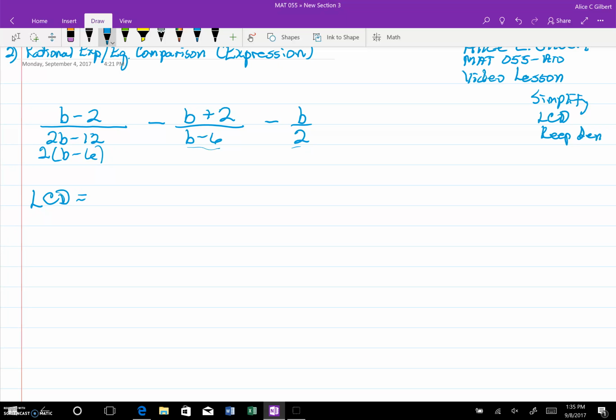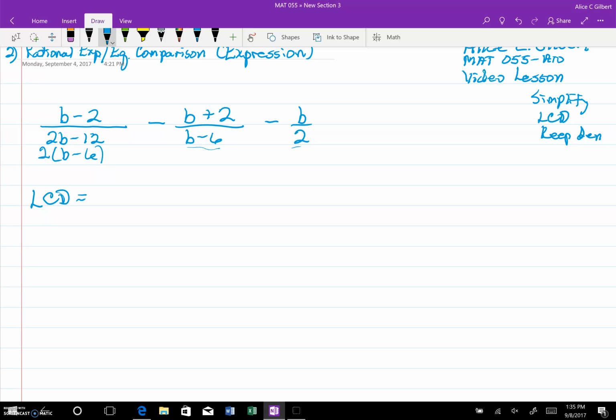Now, before I go on, I need to figure out what b cannot be. So 2 doesn't have a b with it, so I don't need to worry about it. I just need to do b minus 6 equals 0, and I get b equals 6. So up here I'm going to put b cannot equal 6. Other than that, I don't need to worry about it until the very end.